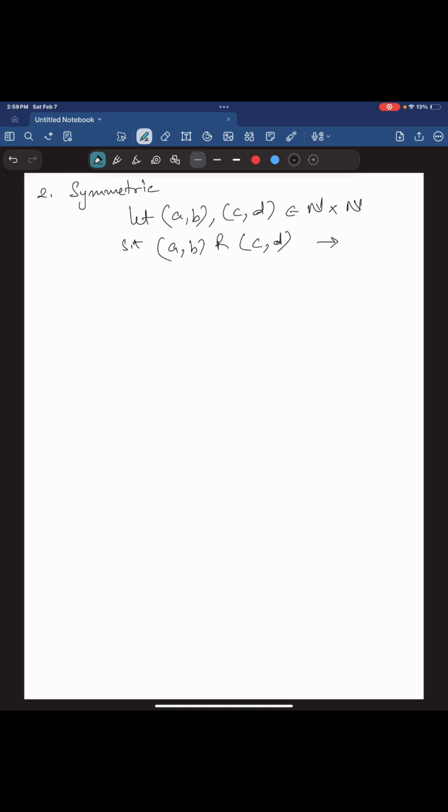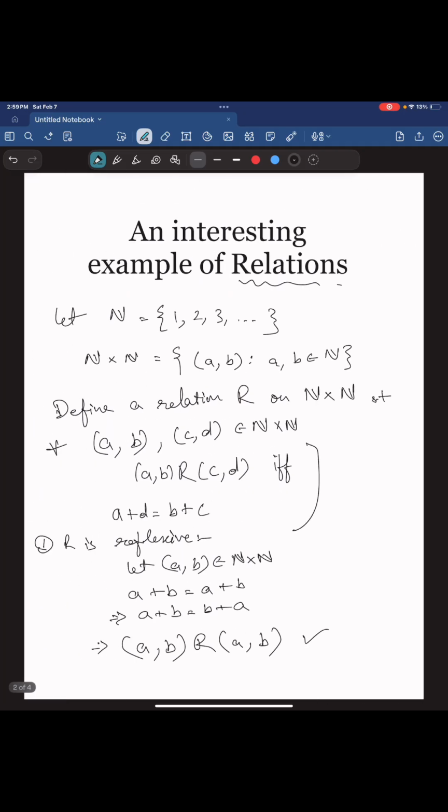In order to show it is symmetric, we will prove that (c, d) is related to (a, b). We will reverse the order. When I see the definition of the relation, I think we can easily prove it.